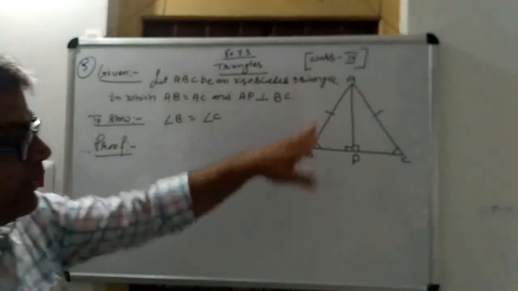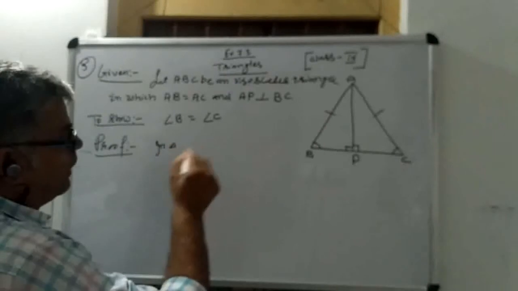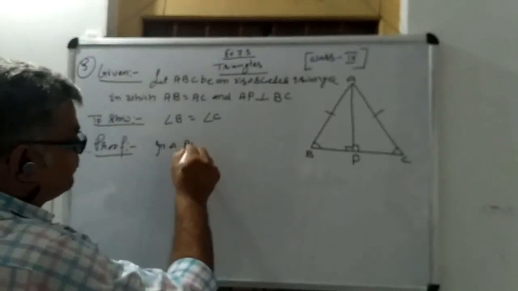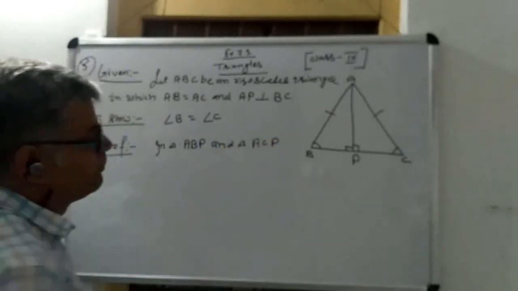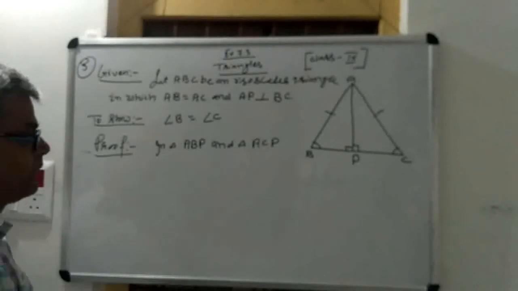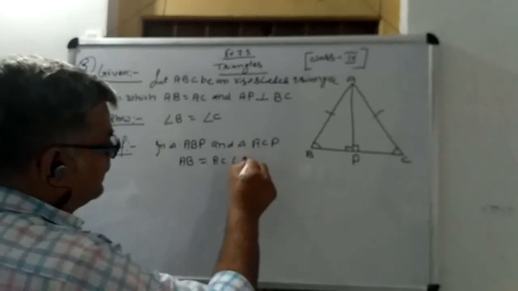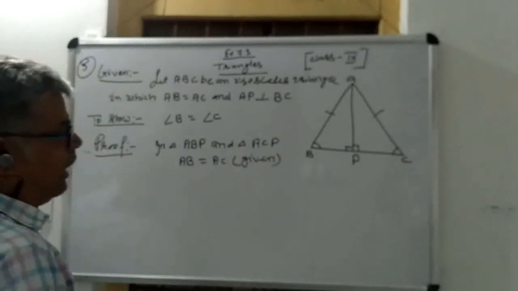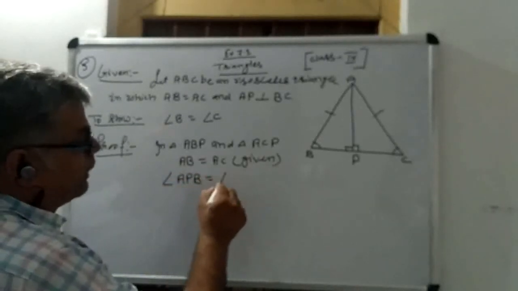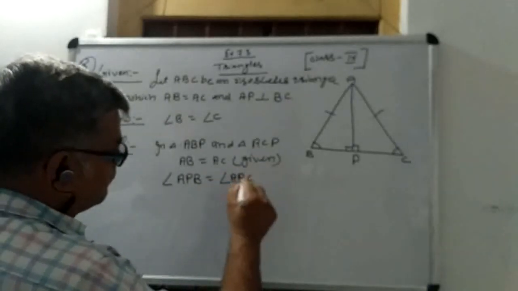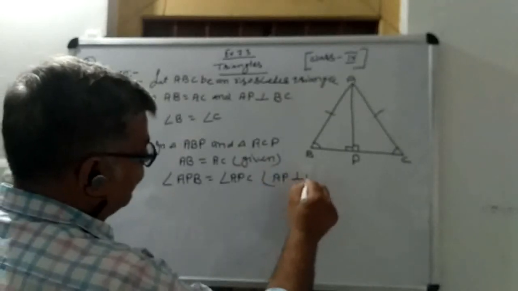Now first you take these two triangles. Now let's take in triangle ABP and triangle ACP. You can clearly say that AB equals to AC, which is given, and second thing is angle APB equals to angle APC, which is of 90 degree because AP is perpendicular on BC.